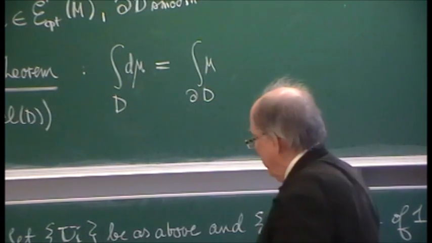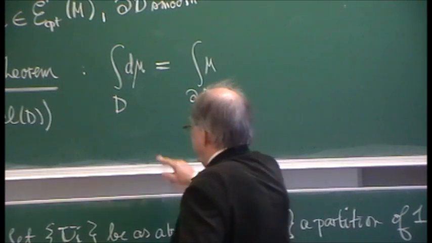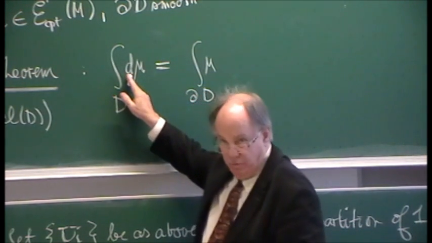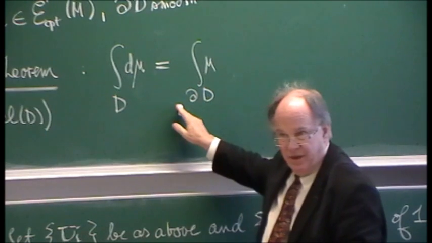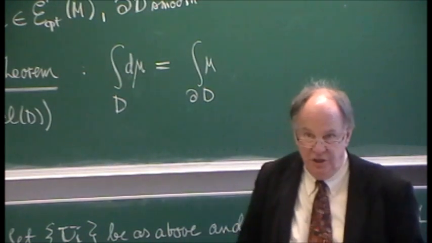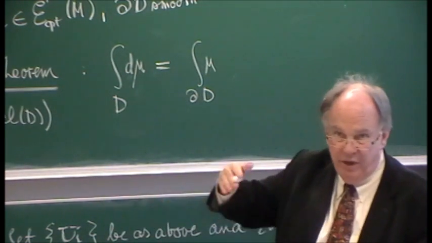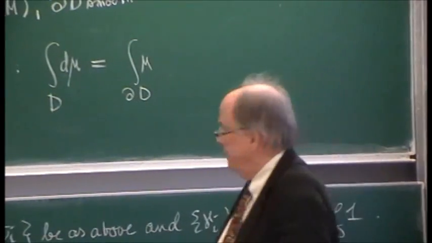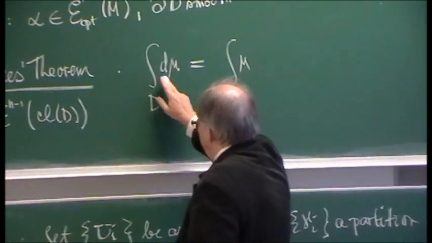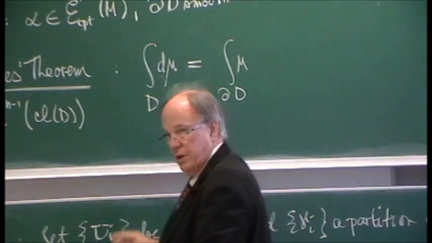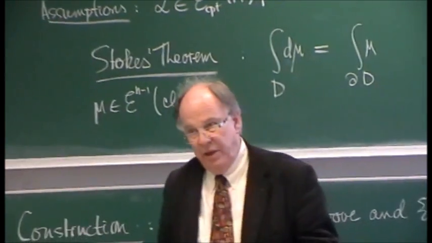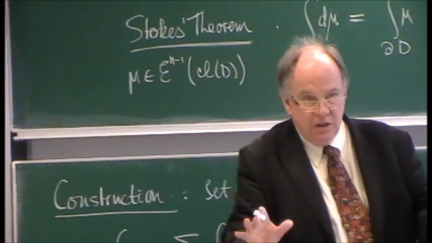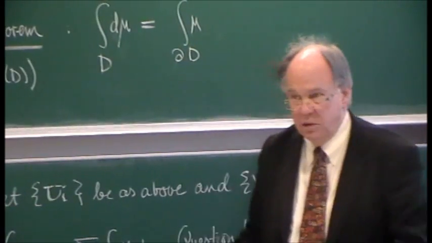Those two d's are related. For those of you who have a little bit of experience, this d in de Rham cohomology, I'm glad you brought it up, is somehow dual to the boundary in homology. You see, this is the boundary in homology here, and this is the d in de Rham, and this is the duality between de Rham cohomology and homology. So that's just for people who've had some experience in this matter. It's not important.